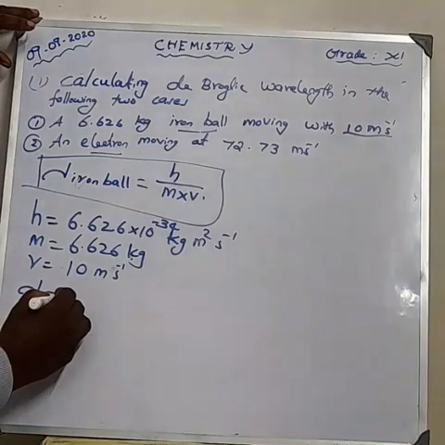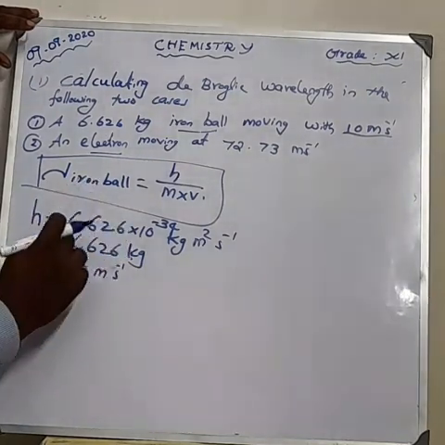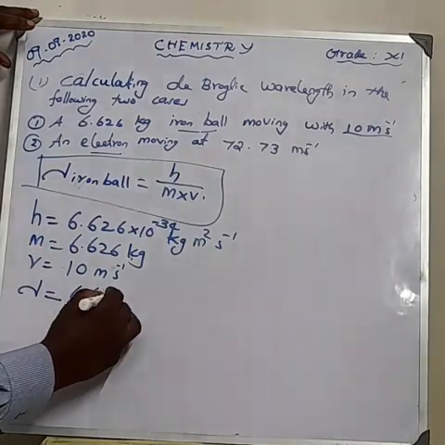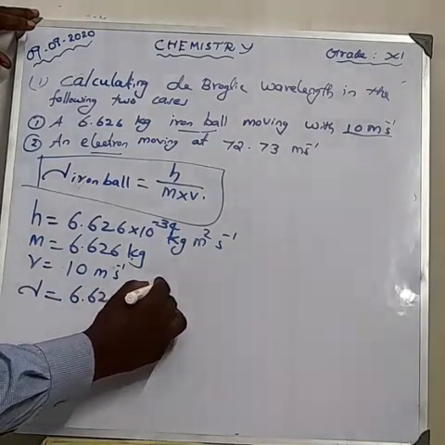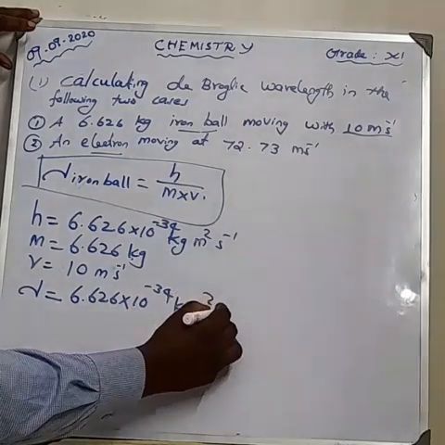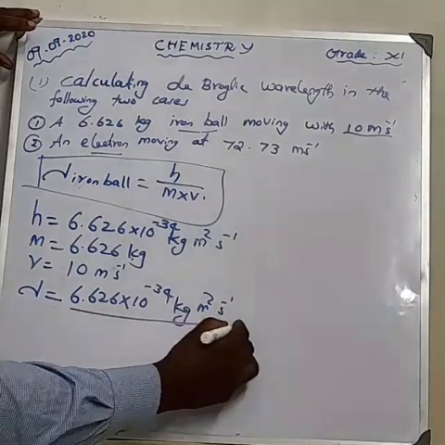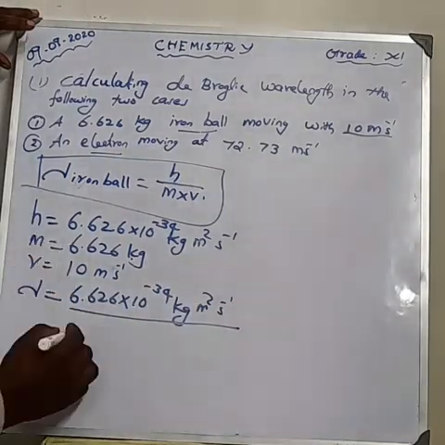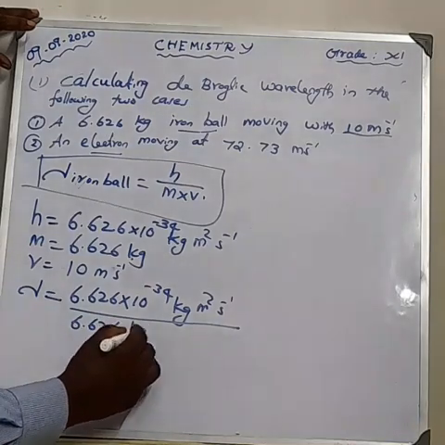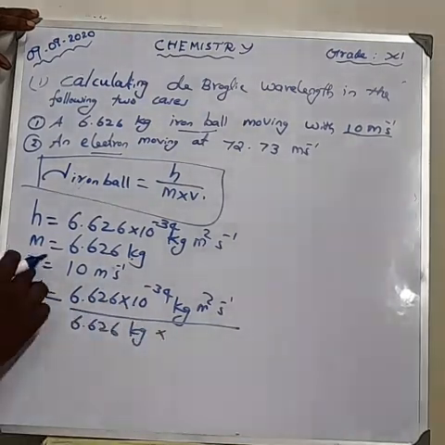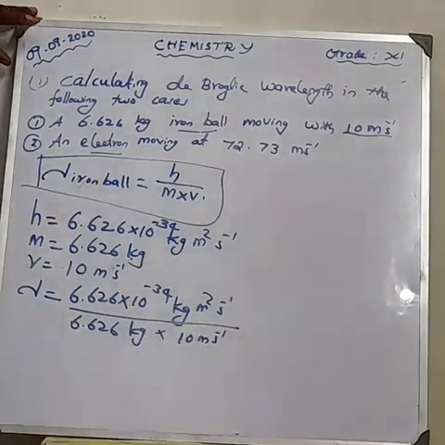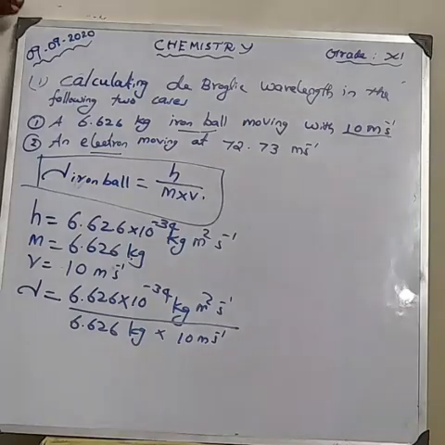Then lambda for iron ball is equal to h value, 6.626 into 10 raised to minus 34 kilogram meter square second inverse, divided by m, 6.626 kilogram, into v, 10 meter per second. Now they can be cancelled.